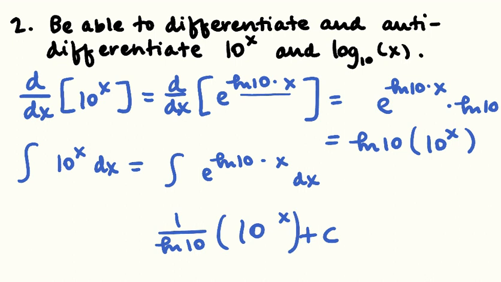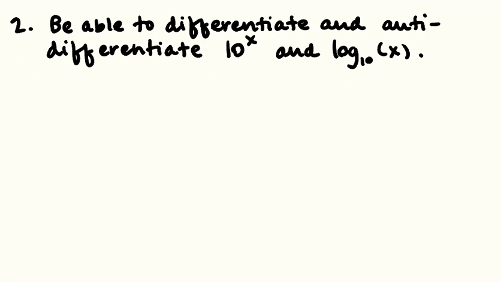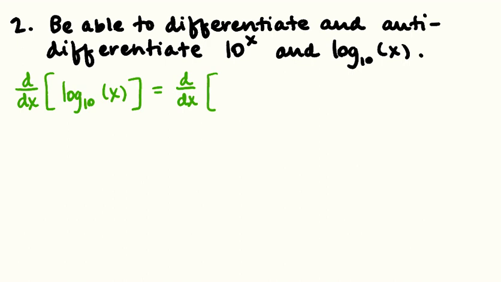Okay, I'll real quickly run through the log examples, but it's very similar. Now with the logs, I'm going to have you use the change of base formula. So I'm just going to remind you that if I wanted to take the derivative with respect to x of log base 10 of x, that's the same as taking the derivative with respect to x of the natural log of x divided by the natural log of 10.